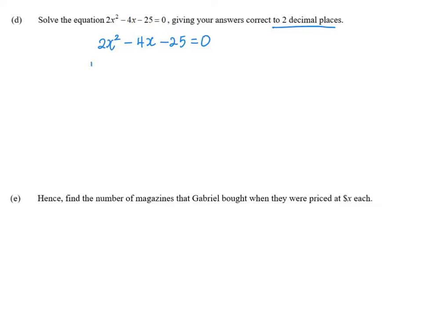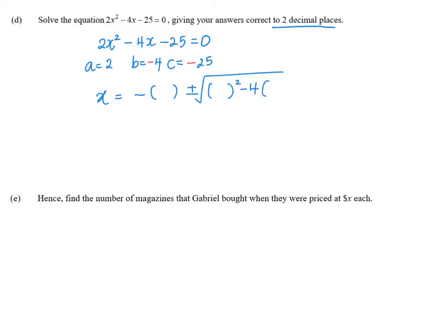What is the value for your A, B, and C? A is equal to 2, B is equal to negative 4, C is equal to negative 25. And the quadratic formula goes x equals negative b plus or minus square root of b squared minus 4ac, the whole thing over 2a.